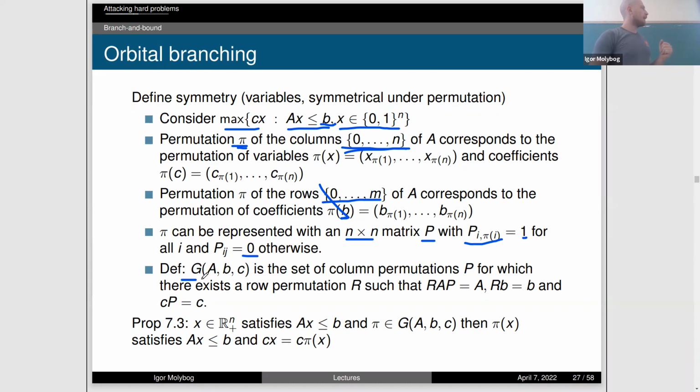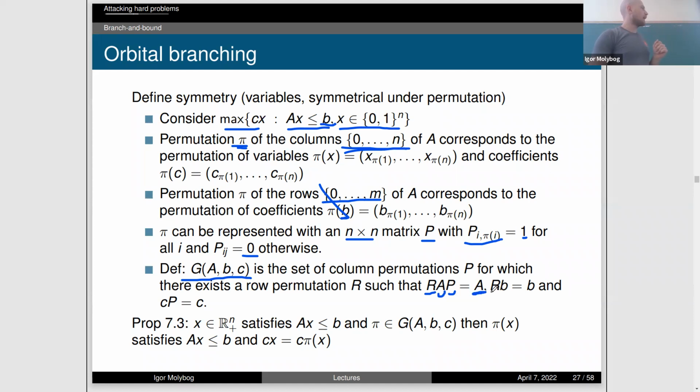We can define a set of column permutations for which there exists a permutation such that essentially the column permutation and the row permutation undoes the column permutation. So basically, implementing the permutation of rows over the matrix A and then doing the permutation of columns, or the other way around, does not change your original inequality matrix.